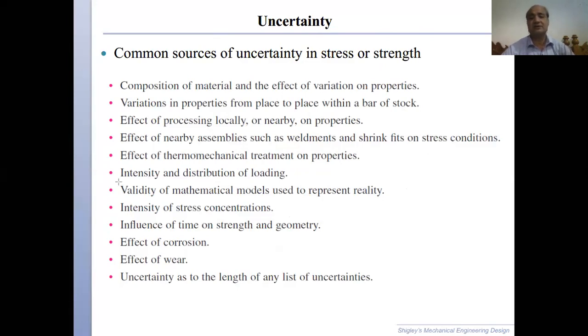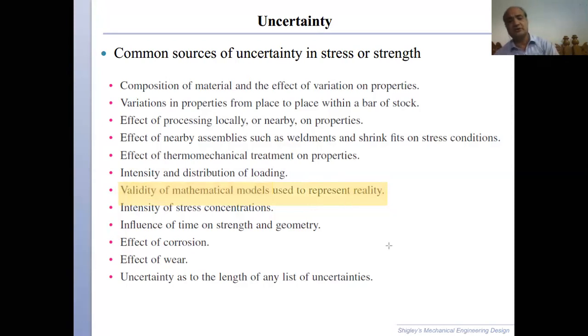Again, the same thing you people were saying, the validity of mathematical models used in representing the reality. We have debated this quite a lot: how do you know that exactly your mathematical model is representing the reality? So we do make sure of that, but sometimes we have to simplify things, and we have to make assumptions.